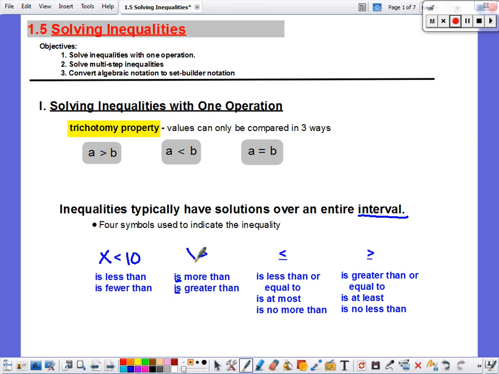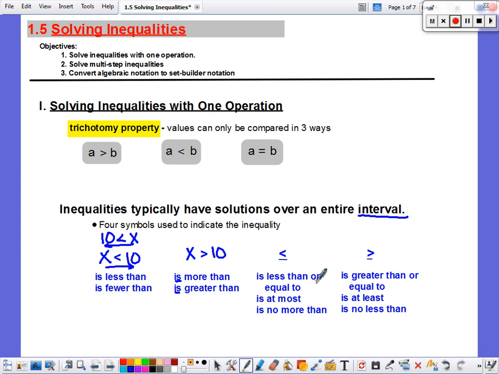Let's say x is greater than 10, then it would look something like this. Even if you flip it, let's say we have 10 is less than x, which is fine. You can read it backwards. It's sometimes hard for students to do, but x is greater than 10. See how the alligator's eating the x? The alligator always eats the bigger number. We knew that from grade school. So you can read it left to right, or you want to get proficient at reading it right to left as well.